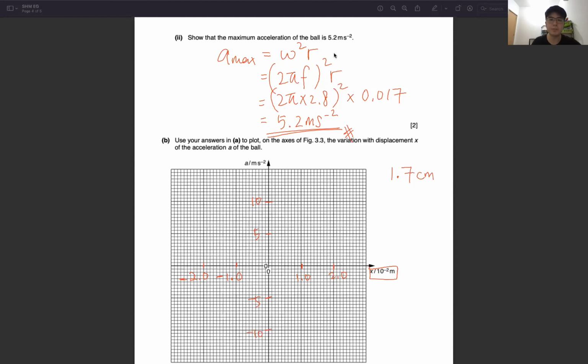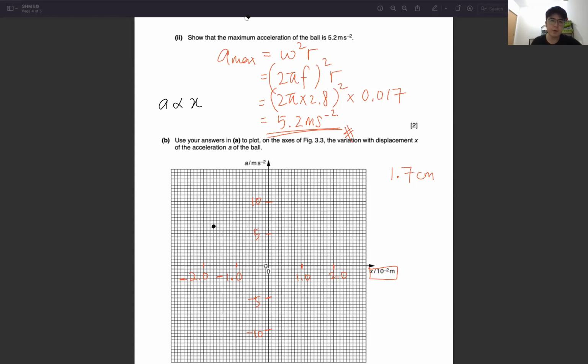Okay, how does your graph look? At the max negative displacement, the acceleration is 5.2 because acceleration is proportional to displacement. Okay, acceleration is proportional to displacement. The larger the displacement, the larger the acceleration. So that means at this extreme here, it should be a maximum acceleration. So 1.7 somewhere here, this one.